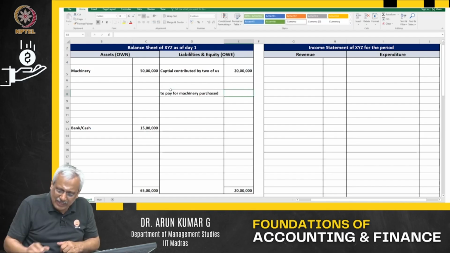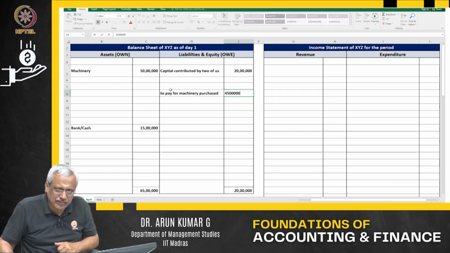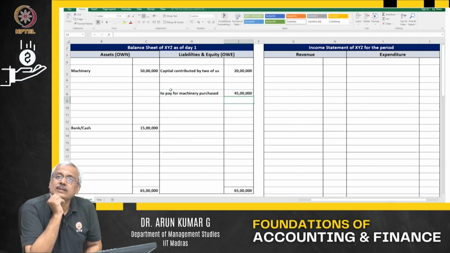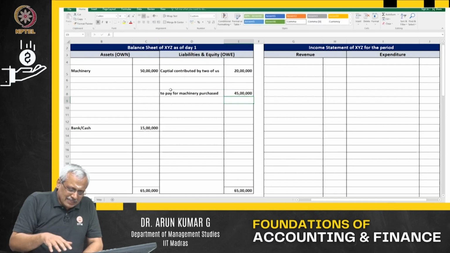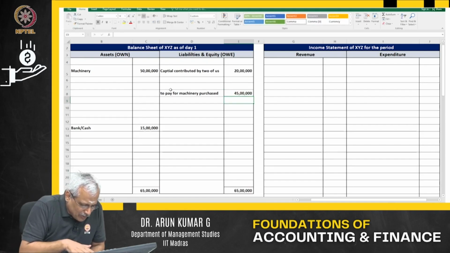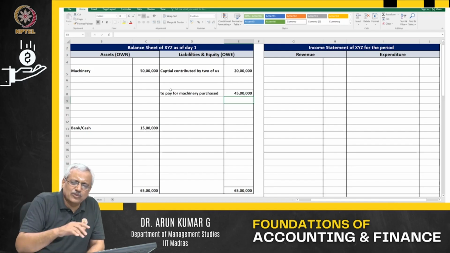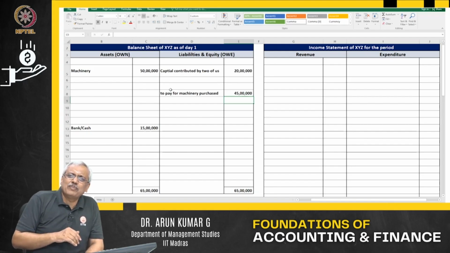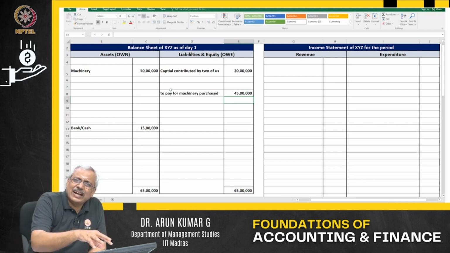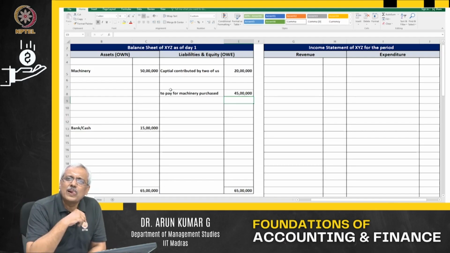You have already paid 5, so you have to pay 45 lakhs. Now, looking at the total of the balance sheet, assets are 65 lakhs and liability 65 lakhs, liability plus equity, let us not worry about all that. Every transaction that has happened is finding a place in the balance sheet.